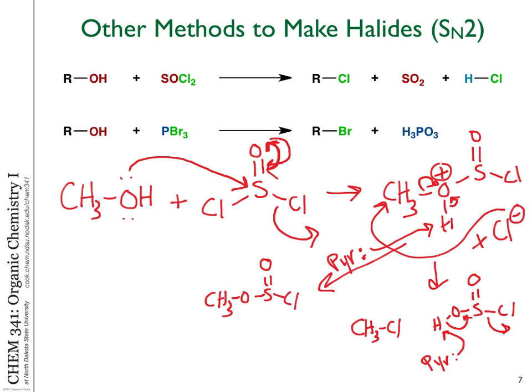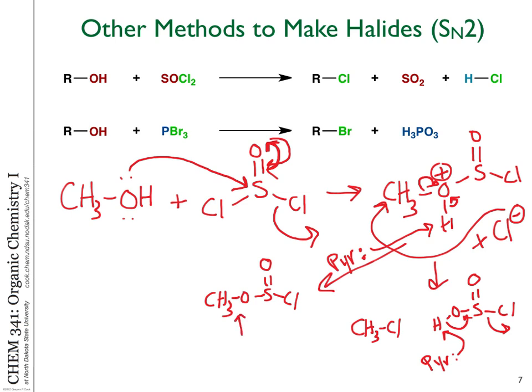As a matter of fact, if you have the pyridine base present, that may happen quite fast. Regardless, what we still have now is an alcohol where the proton has been replaced with an SOCl group. That group is still electron withdrawing and would want to take electron density away. So that's still weakening the CO bond here.